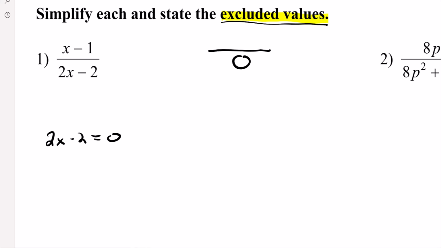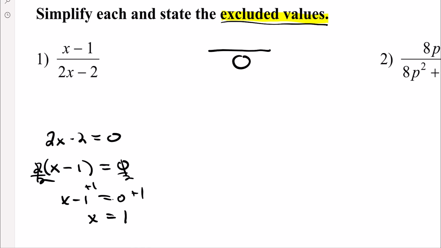Well, these have a 2 in common, so I'm going to factor out the 2. If I divide both by 2, I still have x minus 1 is equal to 0. We'll add 1 to both sides. So where x is equal to 1, that's where it would be an excluded value.